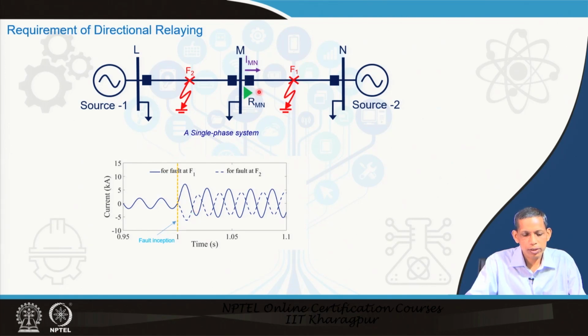So, we observe that for RMN for F2 fault the current becomes reversed as compared to the fault for F1, and that is what if we see these two currents, that there is a phase separation between two currents, F1 fault and F2 fault. This is what we observe from these simulation plots for the two currents.